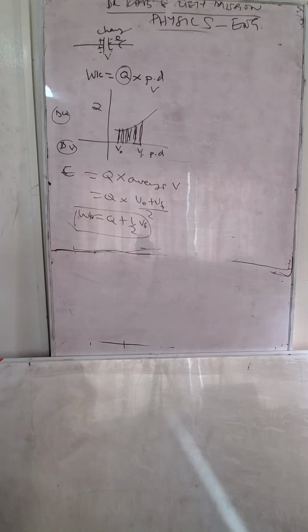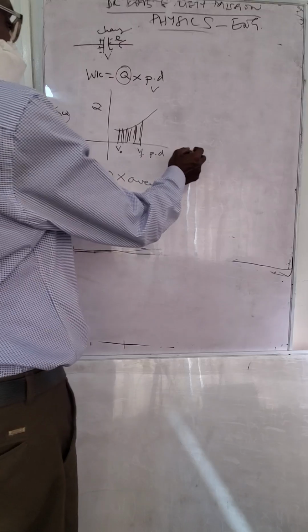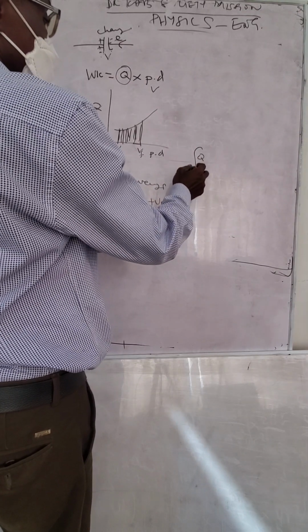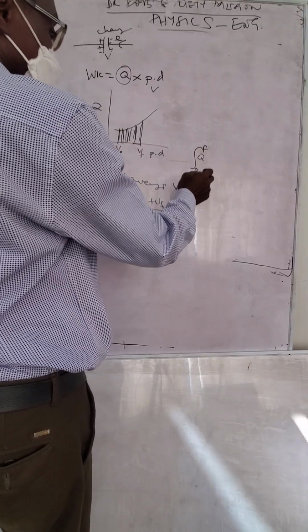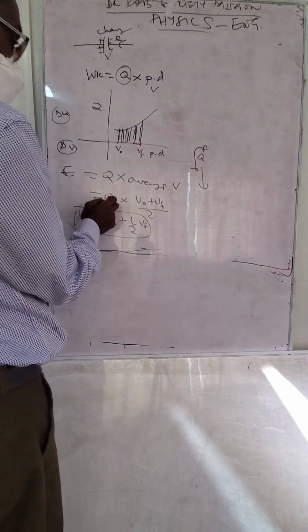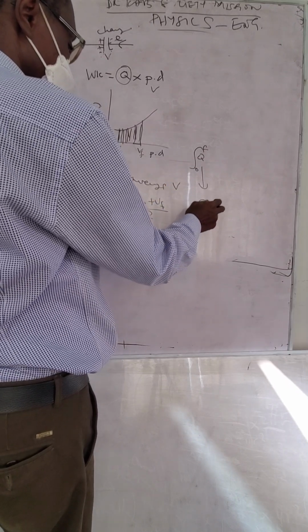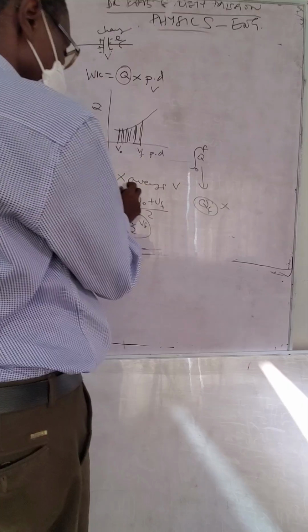Somebody would also want to say, if you integrate the charges in the Q, it is from 0 to final. At the end, you come to Q final. That's the answer, times your average.